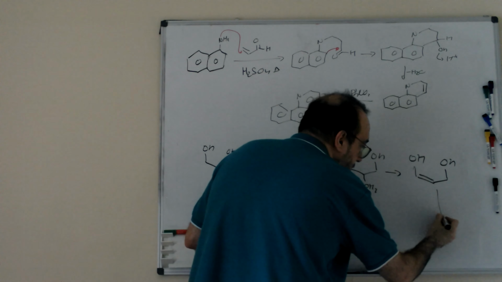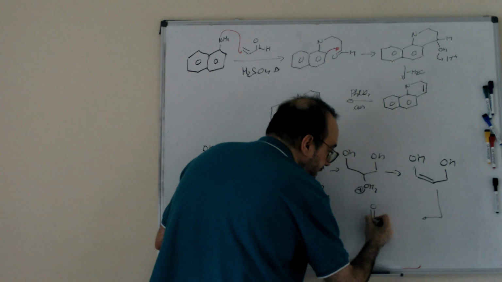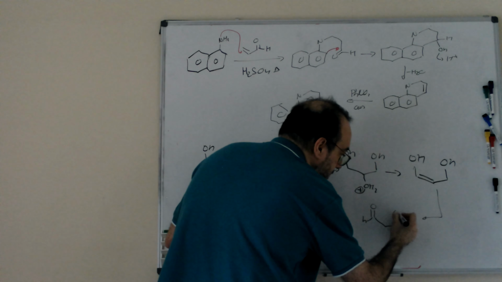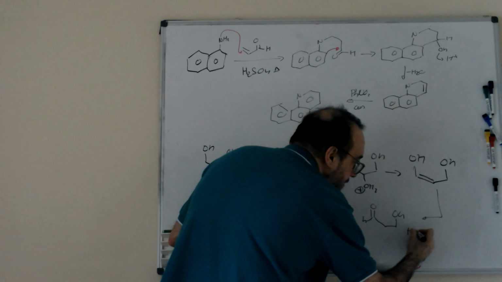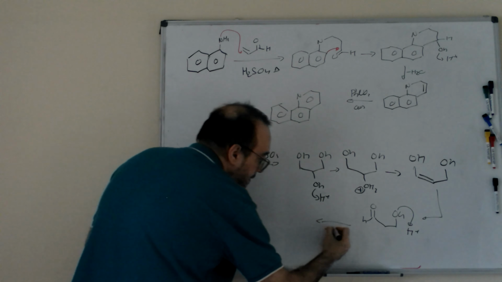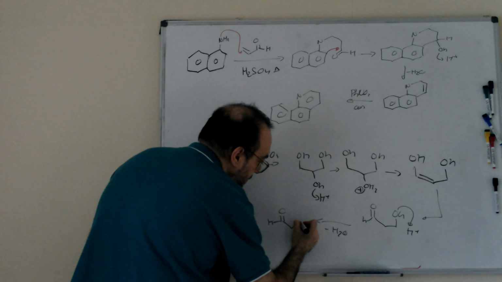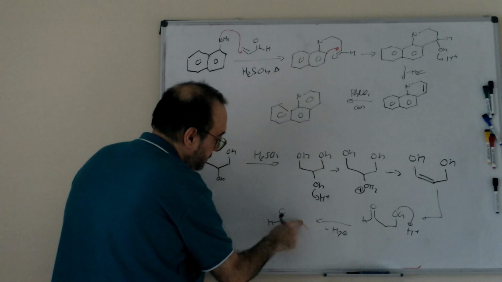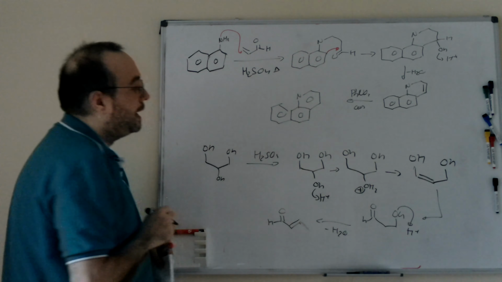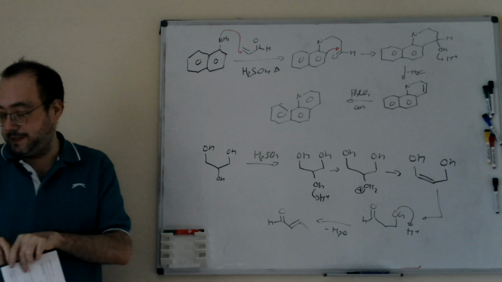This compound is nothing more than an enol. That means that we can draw it also in this way. And then a second elimination gives us the acrolein. Okay, basically it's two eliminations together.